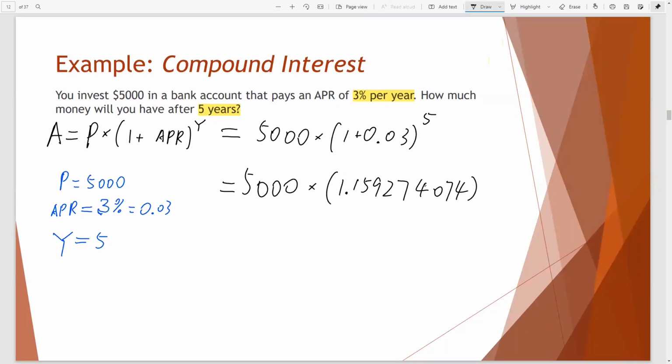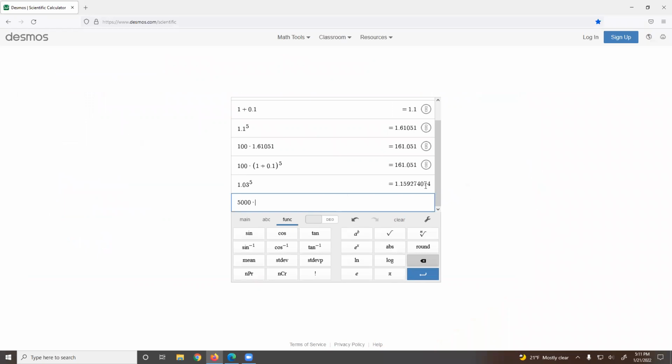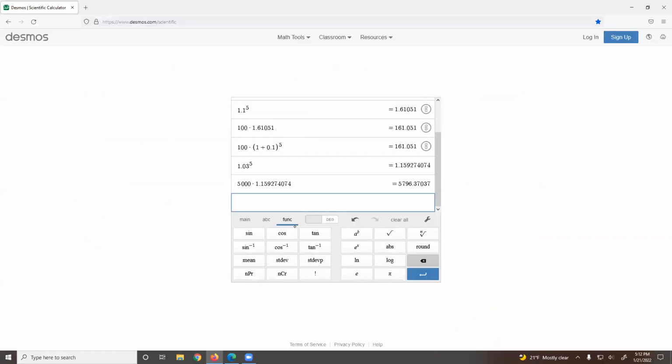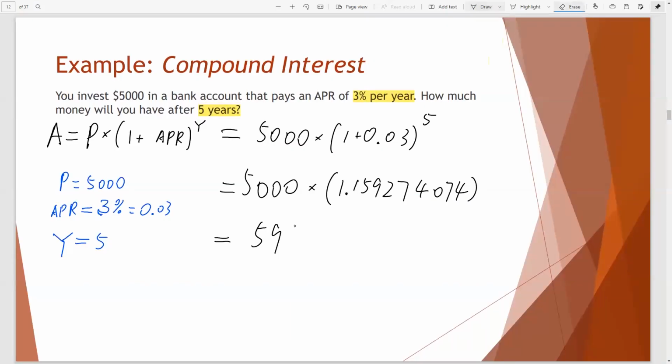In the middle of the process, it is recommended to keep all the digits. Then 5,000 multiplied by this number, on the calculator, or use a computer and copy and paste. That gives 5,796.37037.